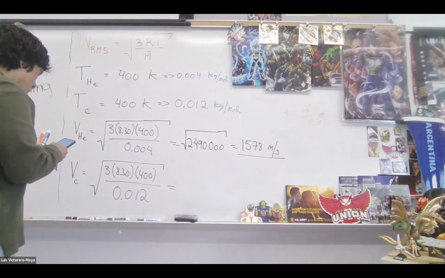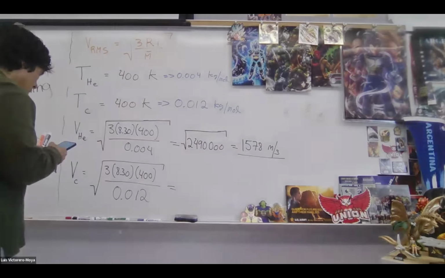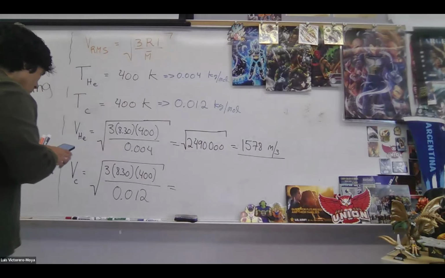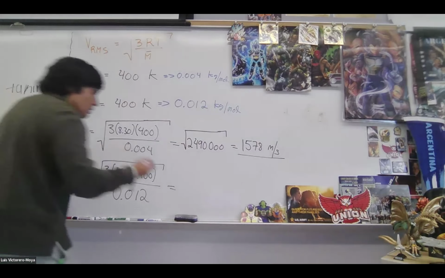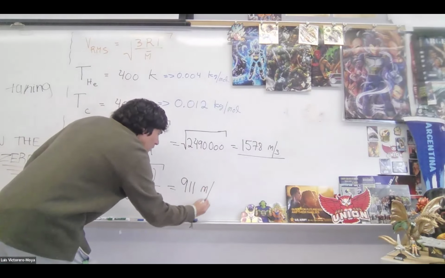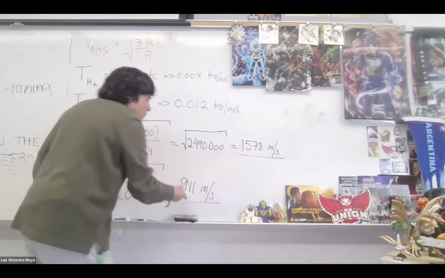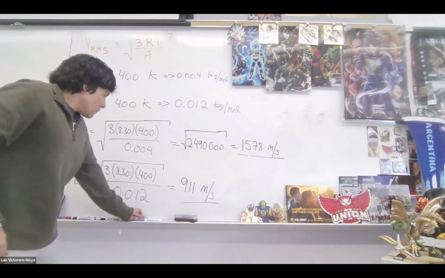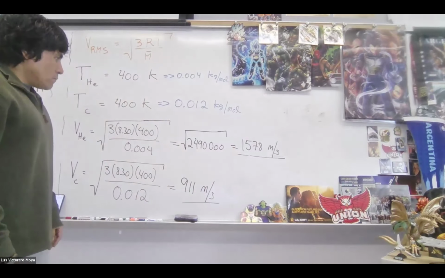Three times 8.3 times 400 divided by 0.012 is 800,000. So I got about 911 meters per second. So it's smaller, almost about half. So there you have it.